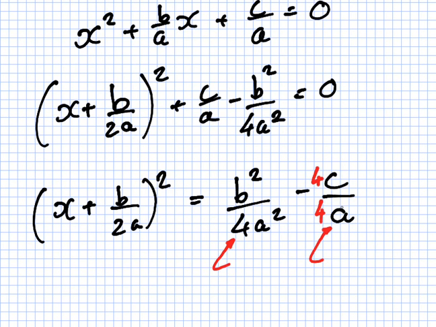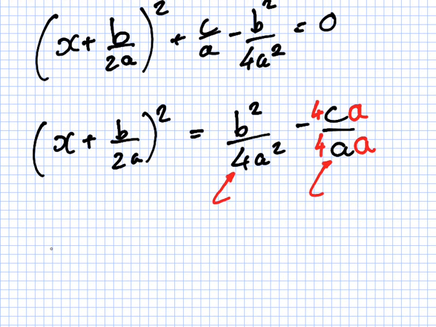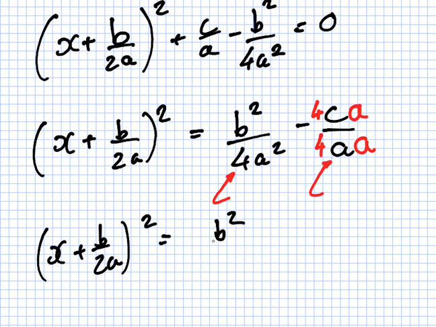Not yet, because this is 4a squared and this is 4a. Yeah, multiply the top and the bottom by a. So now what you have is x plus b over 2a squared equals b squared over 4a squared minus 4ac over 4a squared.